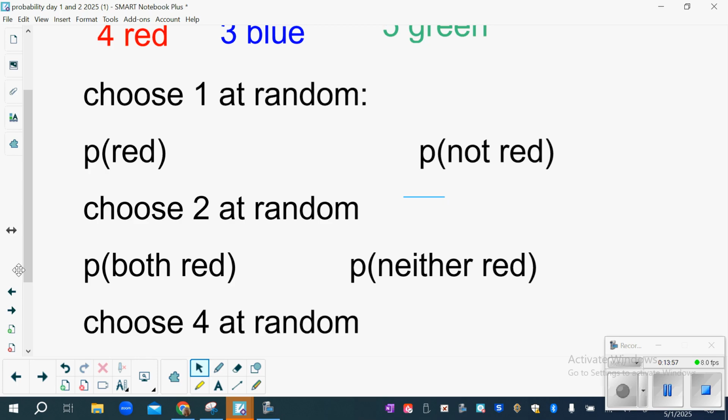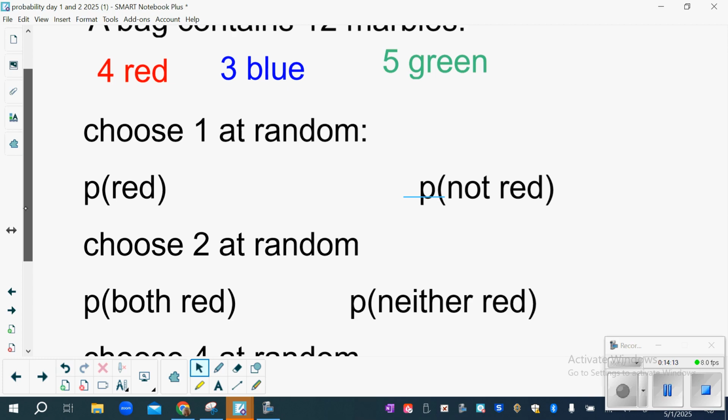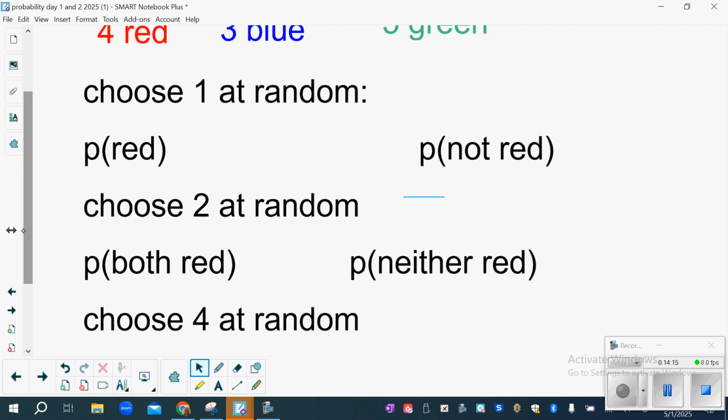So on this one, I am pulling a marble out, and I am not putting it back in. Let's just start by picking just one marble. That's our basic simple one. I have 5 green, that's 8. I got 12 marbles, and I am picking red. That's 4 over 12. Nice and easy.